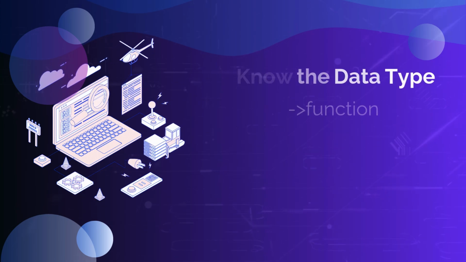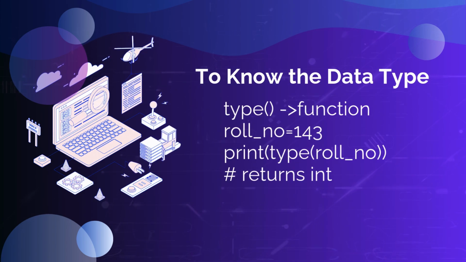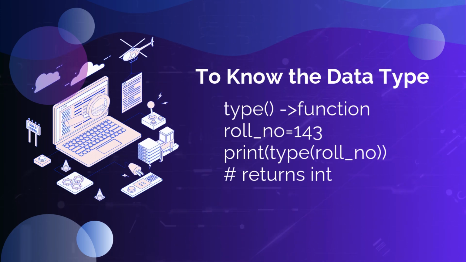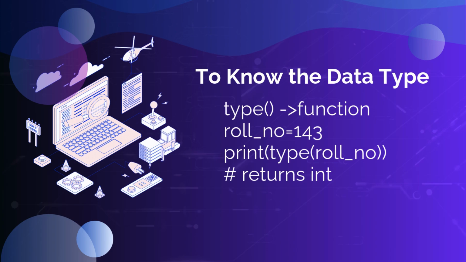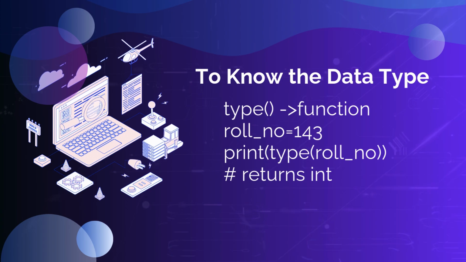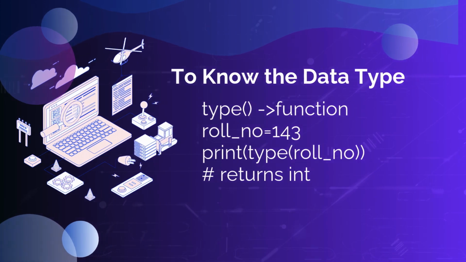To know the data type of a variable in Python, we use an inbuilt function called type, which returns the data type of a variable. Example: print(type(roll_number)). If we store a numeric value, it returns int. If we store a string, it returns str.